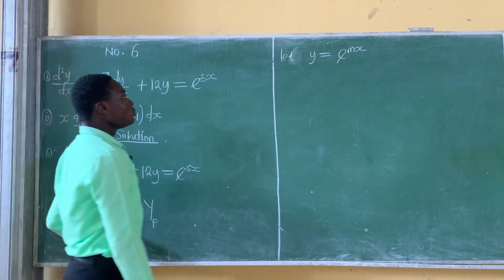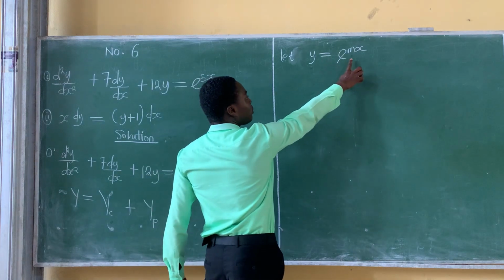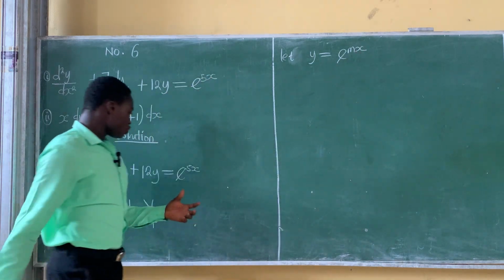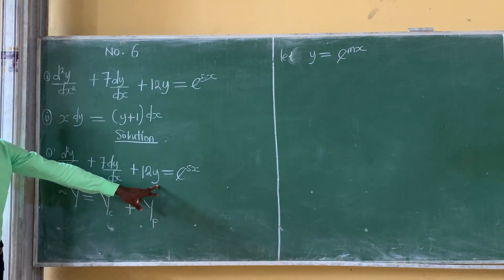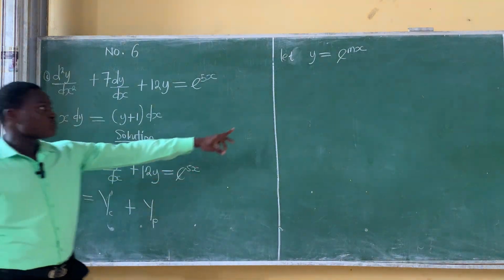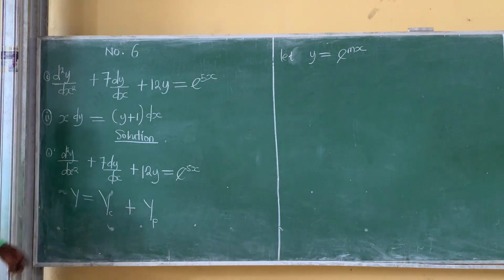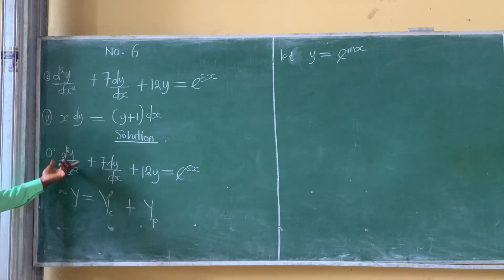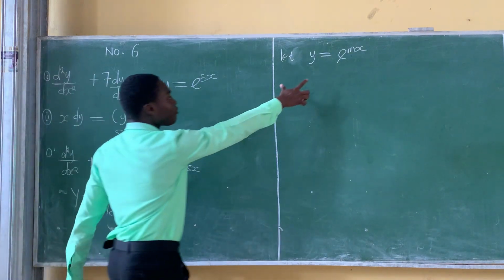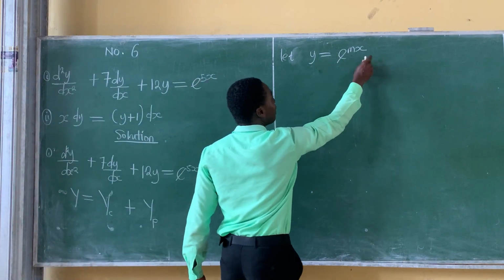We substitute e^(mx) in place of y, but then we don't know dy/dx and we don't know the second derivative of y with respect to x. So we find dy/dx as follows.